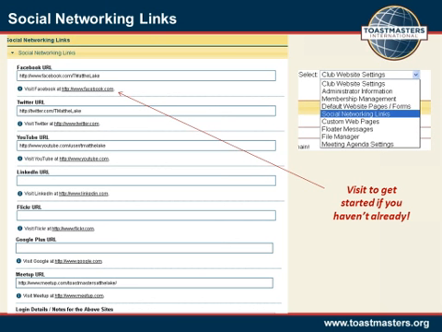These links will automatically show up on your website if you fill them in under the social networking links. There are other options, as you can see here: YouTube, LinkedIn, Flickr, Google+, and Meetup as well. Meetup is another great option they have.